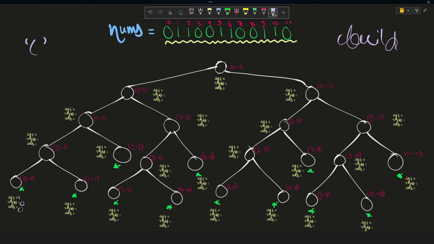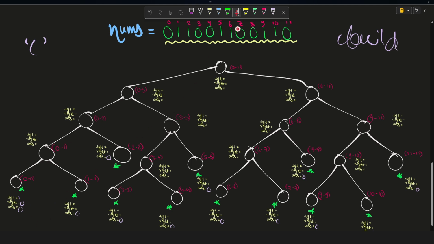So let me fill this for all the leaf levels. So the answer for this is 0. Similarly for this, and same for each and every leaf. As you can see, I have filled the value of answer for each and every leaf level equal to 0. Why? As I just told you, we at least need 2 brackets to form a correct bracket sequence. But since the base level represents just a single bracket, it will be 0.